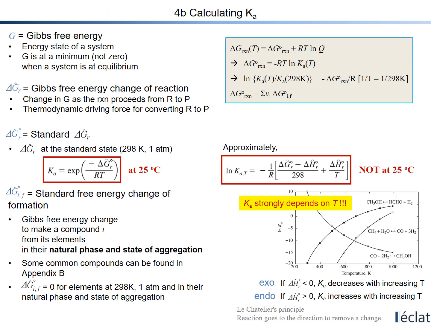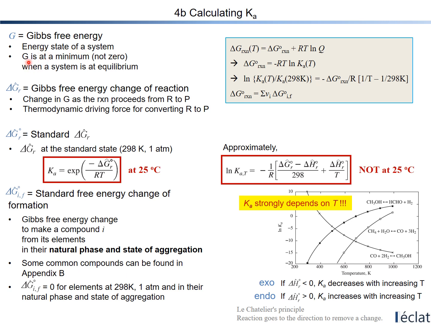You have learned about the definition of the equilibrium constant of activities. Then how to calculate the equilibrium constant from thermodynamic information? Let me start with the Gibbs free energy. G is the Gibbs free energy, which is the energy state of a system.